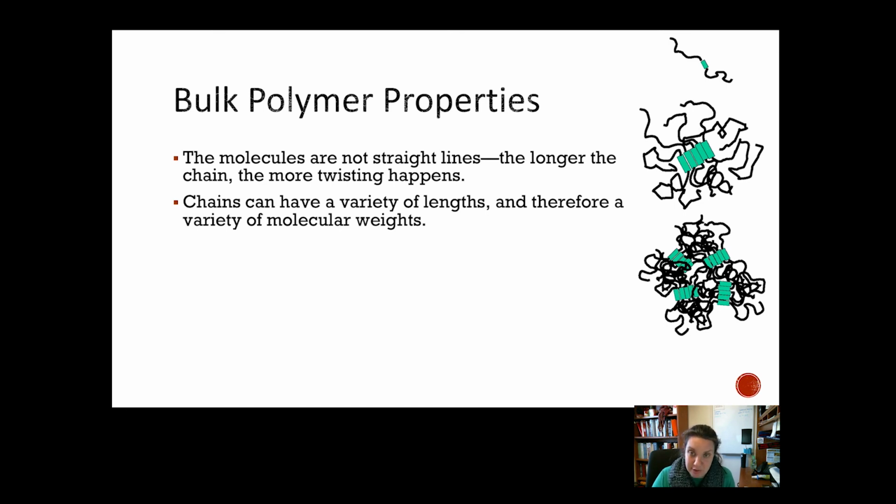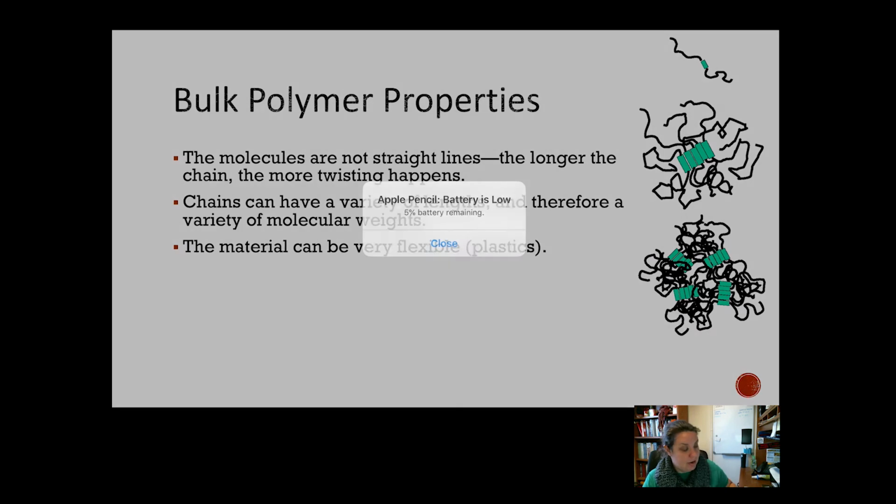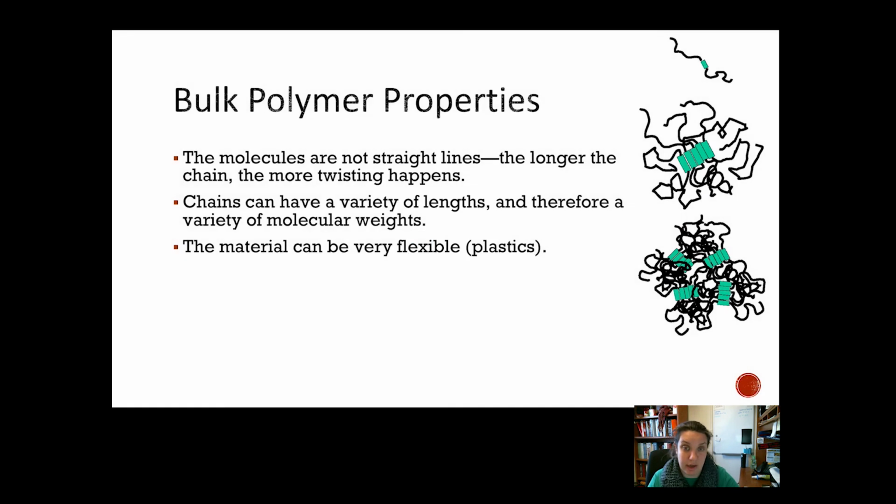They're considered flexible materials because they're just held together by intermolecular forces. But they are very long, so they're very strong intermolecular forces, usually London dispersion forces. These flexible materials, we usually call them plastics, because of the flexible material.